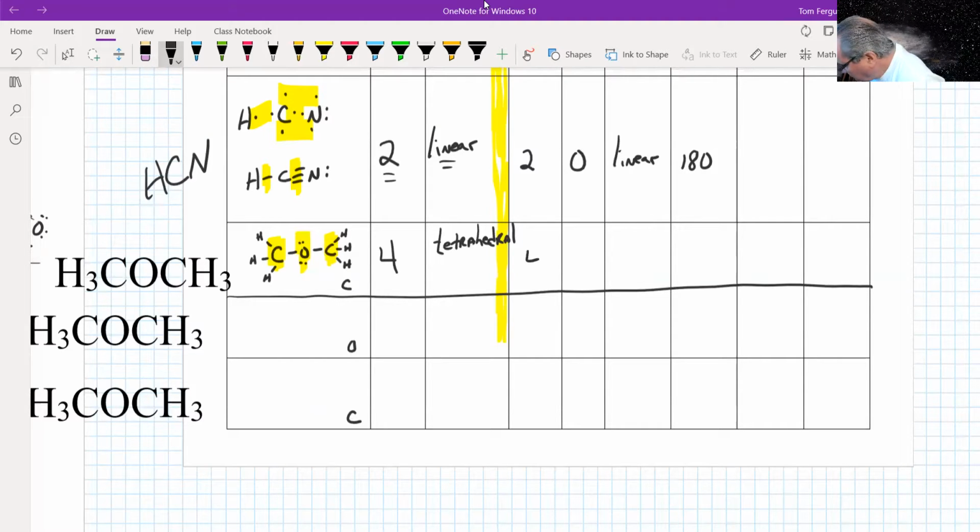Four bonding and 0 electron pairs. And remember, that means that the electronic geometry and the molecular geometry are going to be the same. So that makes that tetrahedral.